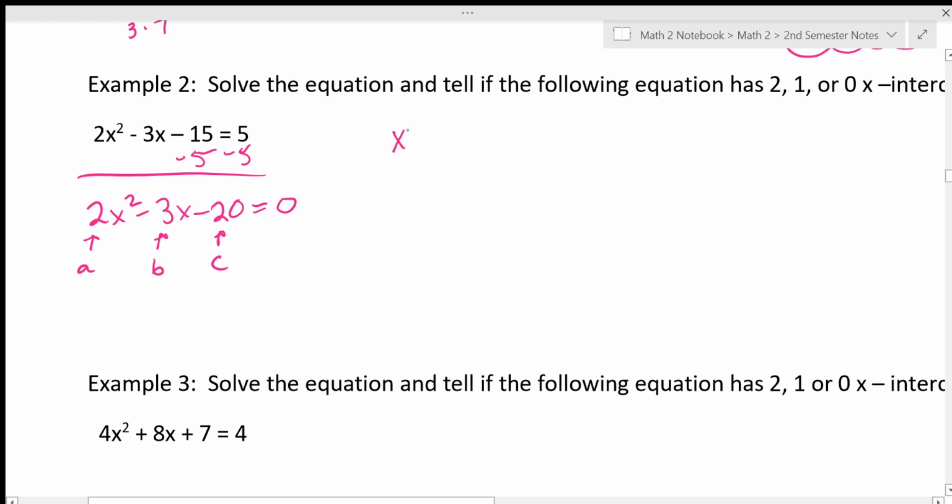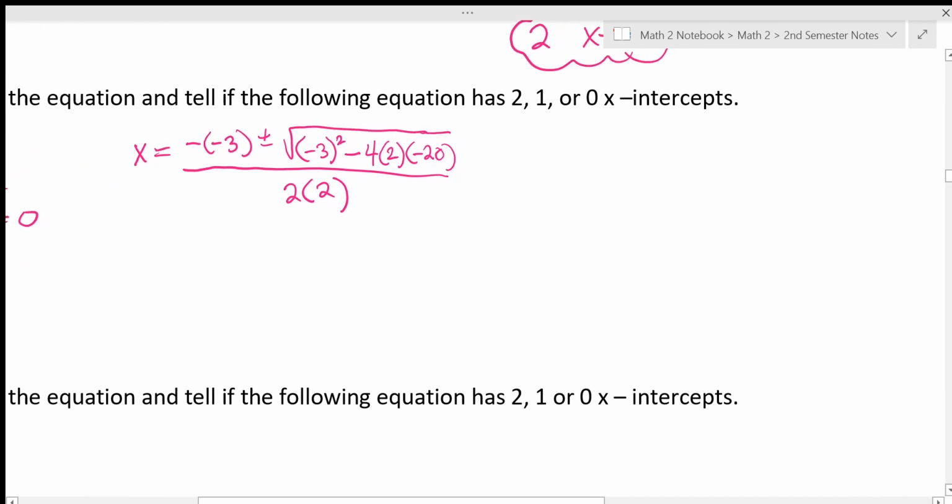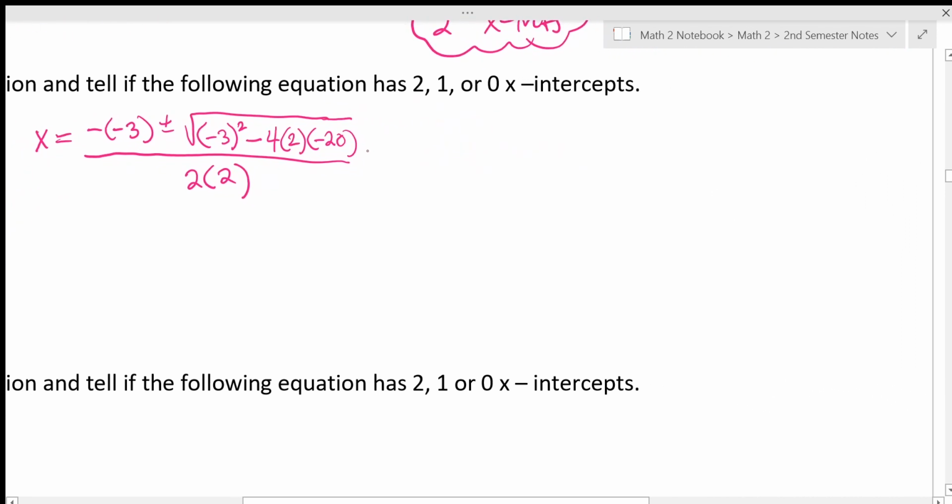Okay, x equals negative b plus or minus radical b squared minus 4 times a times c all over 2a, 2 times a. Okay, now I gotta simplify all this.